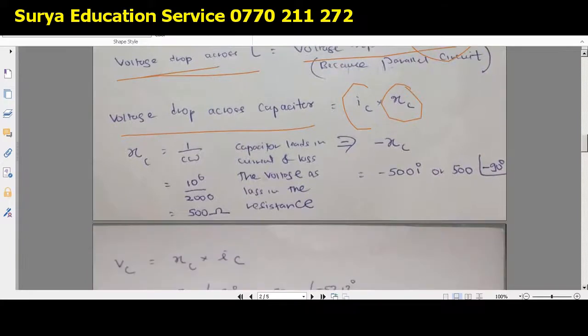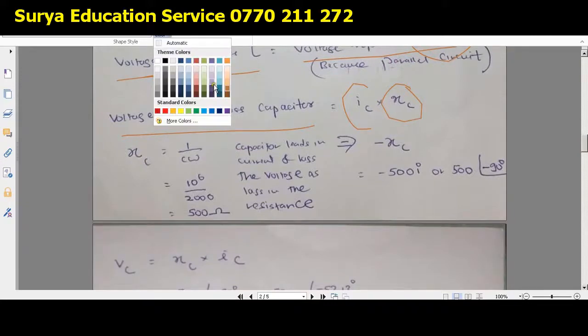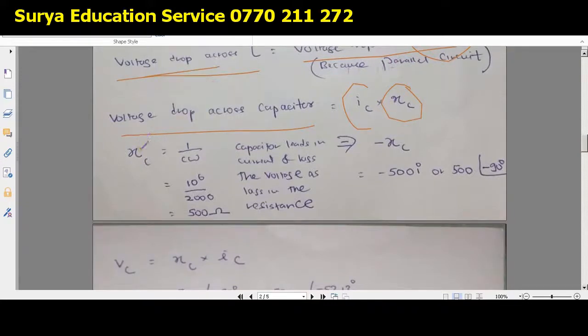Okay, so now let's focus on this. The reactance component for the capacitor is Xc, right? That equals 1 divided by C omega. What is C? Capacitance, which is in microfarad. Be careful, it is in microfarad, so you need to put the standard units, that means farad.